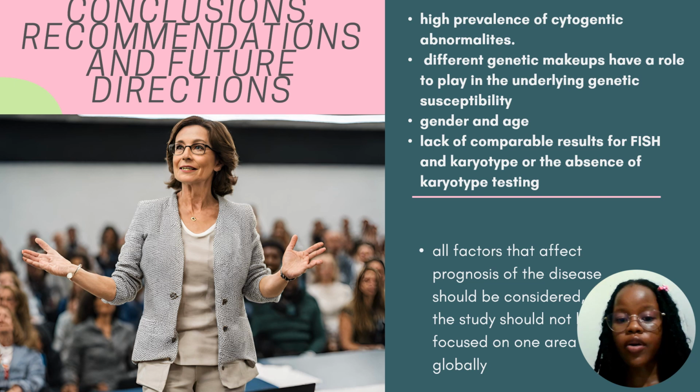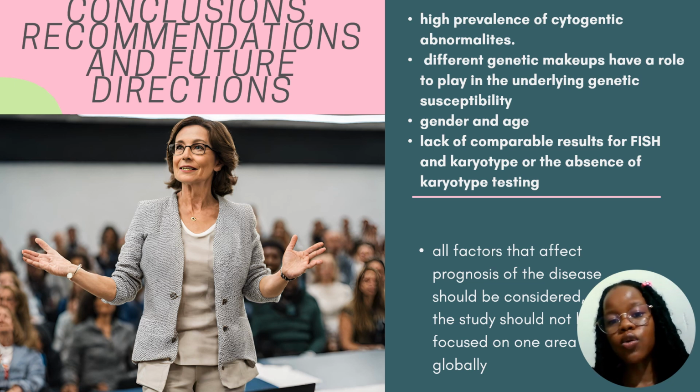The lack of comparable results for FISH and karyotype, or the absence of karyotype testing in cases of acute myeloid leukemia and T-cell acute lymphoblastic leukemias, limits one of the objectives, which was to investigate the occurrence and comparison of different cytogenetic abnormalities in pediatric acute leukemia, more specifically B-cell acute lymphoblastic leukemia, BL, and acute myeloid leukemia, AML.